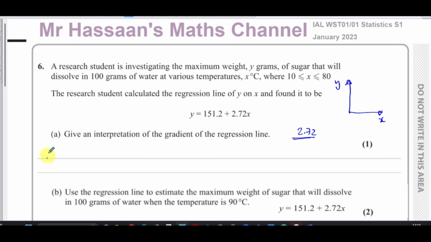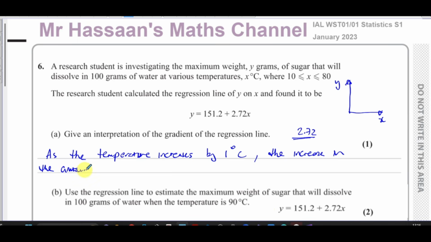So you can say that as the temperature increases by 1 degree Celsius, there will be an increase in the amount of sugar that dissolves of 2.72 grams.